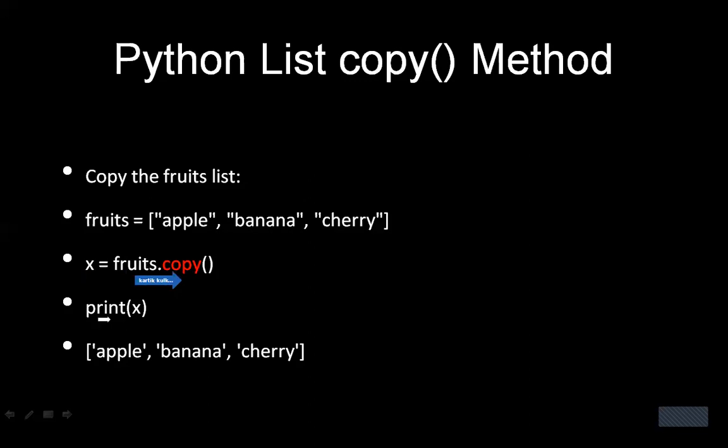I am copying the content of the fruits to the variable x, and then I will be printing the value of x. Then I will be getting the output as apple, banana, and cherry. This is what is important: with the help of the copy statement, I am able to copy the content of the list.